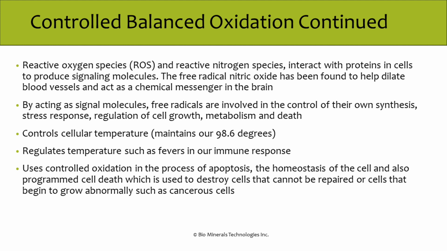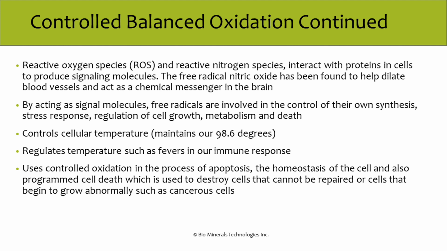By acting as signal molecules, free radicals are involved in the control of their own synthesis, stress response, regulation of cell growth, metabolism, and death. It also controls our cellular temperature, keeping our body at 98.6. Cellular oxidation regulates temperatures such as fevers in our immune response.